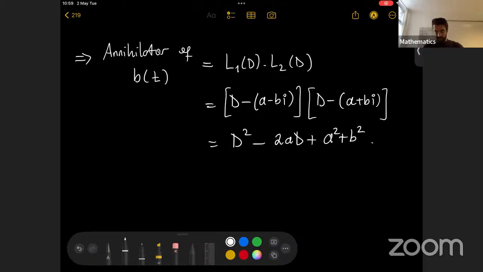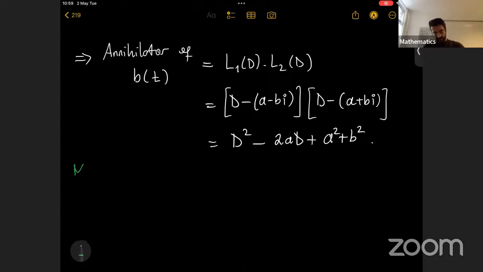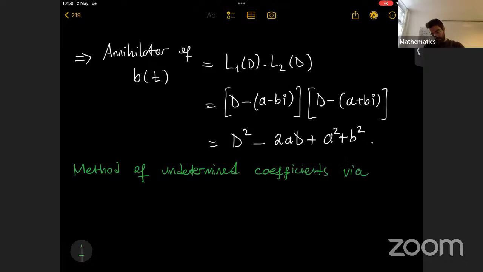So let's do this. This is called the method of undetermined coefficients via annihilators.